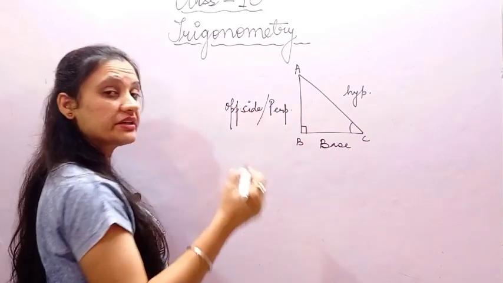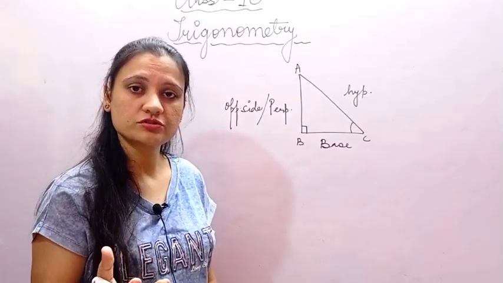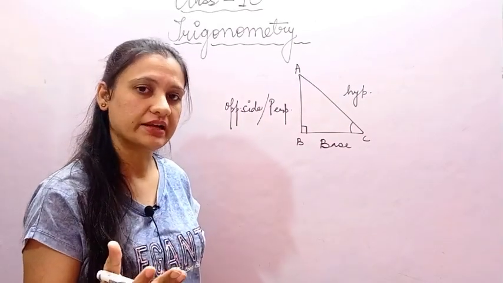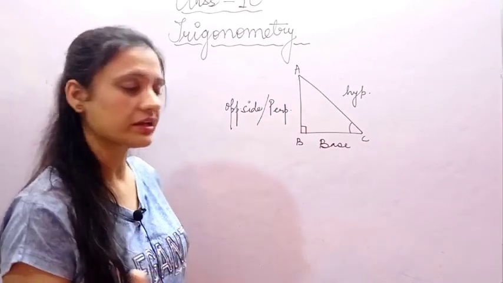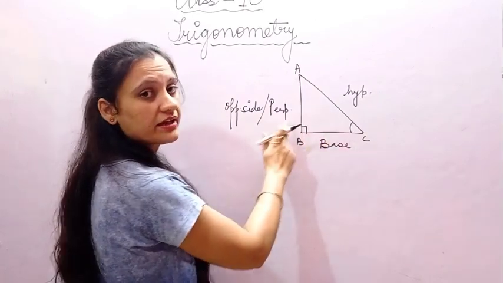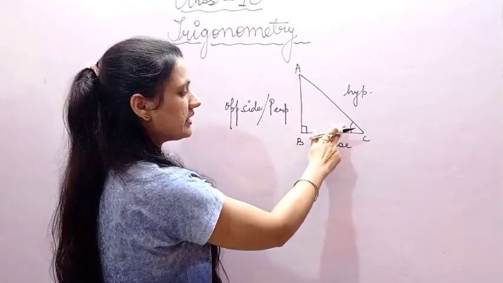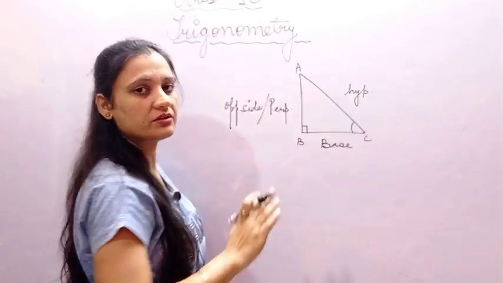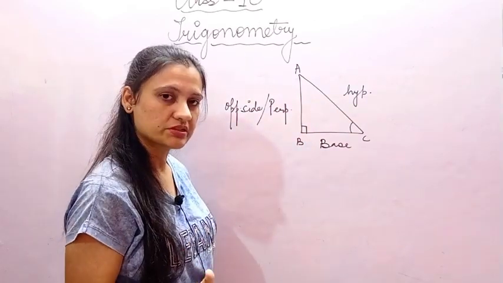You must have read in other books that instead of perpendicular they use the term opposite side. Opposite to which angle? That is the reference angle. Whatever reference angle we are taking, the side opposite to that angle we always write down as perpendicular or opposite side.